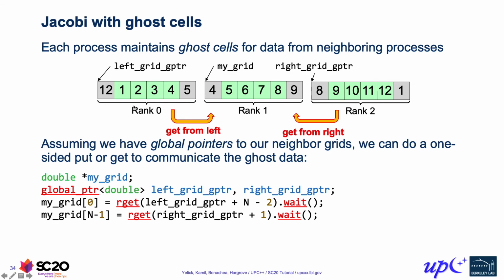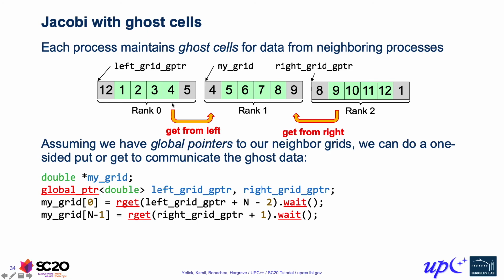As we mentioned before, each rank has a portion of the grid, but also cells dedicated to the ghost region, where the elements actually live on the neighboring process. So if we imagine that each process has a grid pointer to its own local part of the grid, and also a global pointer to the start of its left neighbor's grid, and a global pointer to the start of its right neighbor's grid, then what we need to do is transfer over this element, actually.